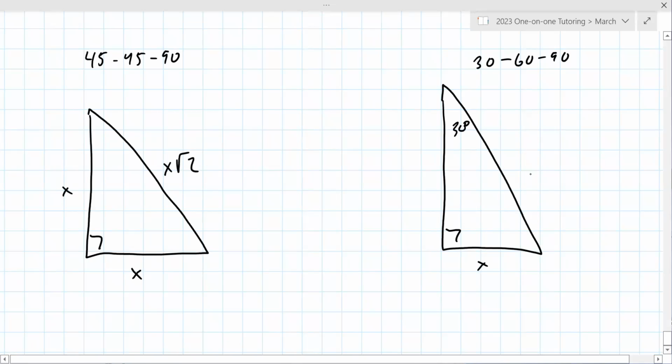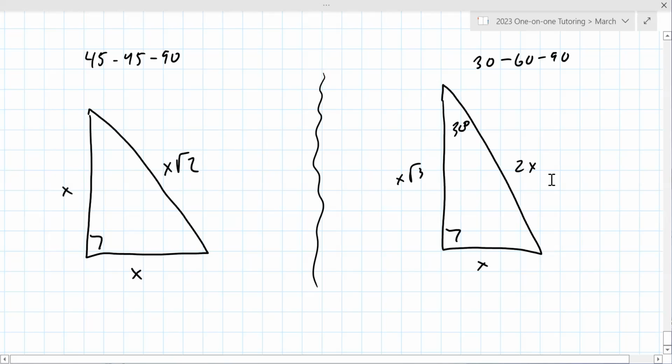It's x, 2x, x root 3, because all I'm going to do is give you a problem where I'm giving you, in a 45-45-90, a leg or a hypotenuse. Or in the 30-60-90, I'm giving you the short leg, hypotenuse, or long leg. That's it. There are no tricks. There are only 5 different types of problems you can be given here.